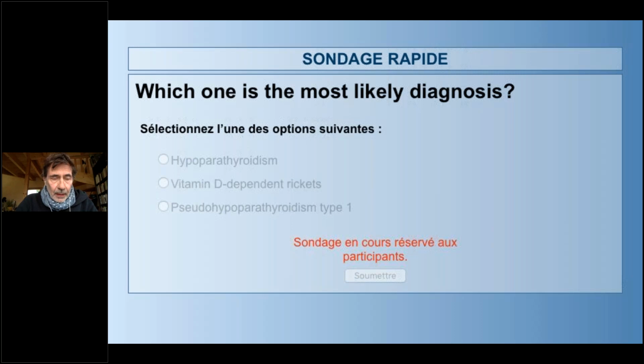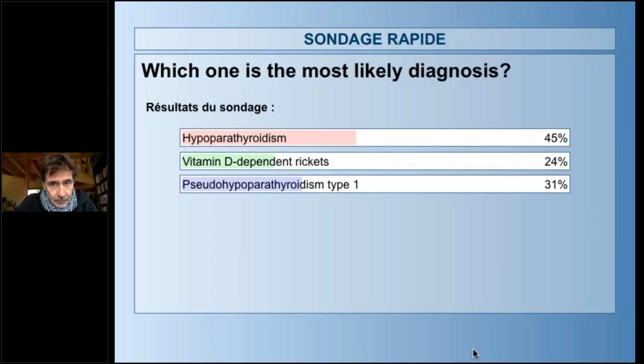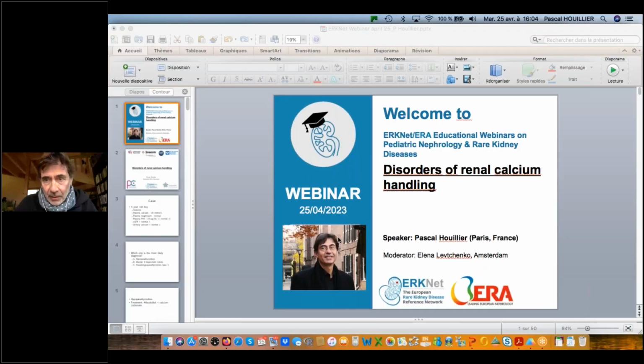Almost 50% picked hypoparathyroidism, and this is the right answer, because vitamin D dependent rickets and pseudo-hypoparathyroidism can cause hypocalcemia, but they are associated with high PTH, not normal or low PTH. So the only diagnosis that matched was hypoparathyroidism.